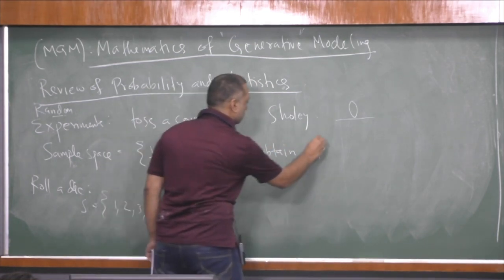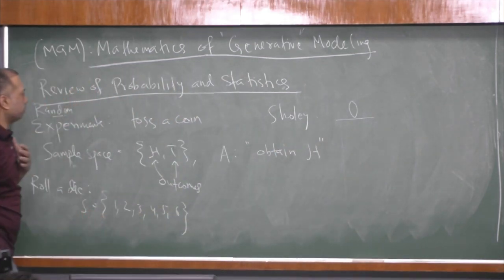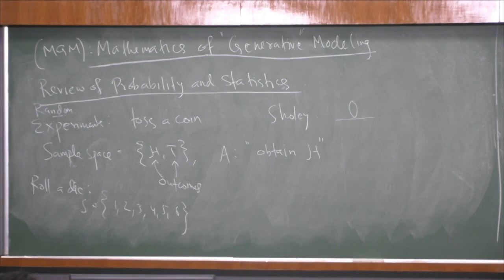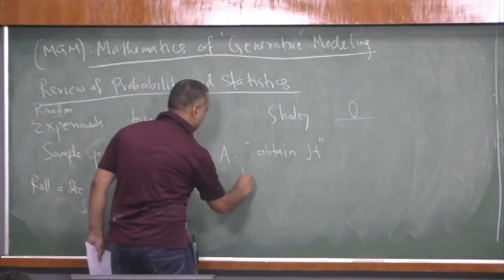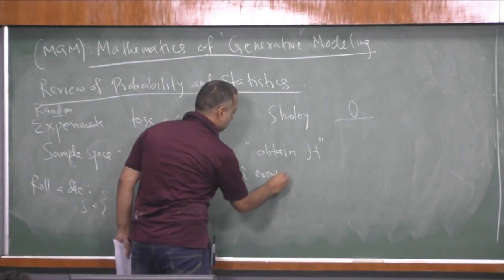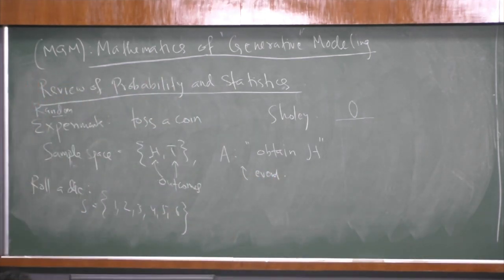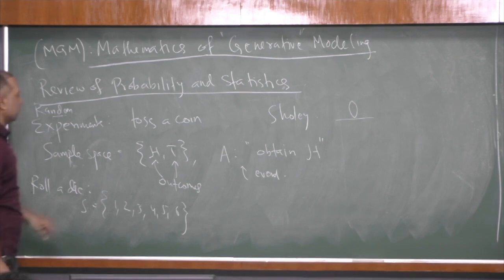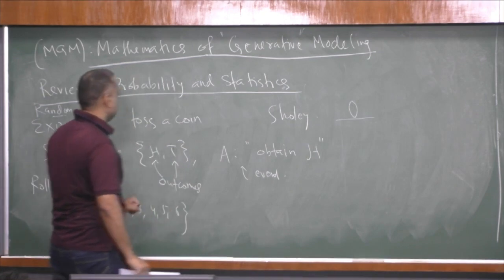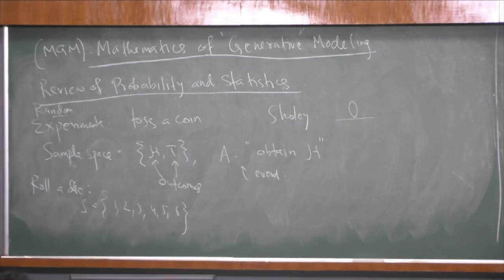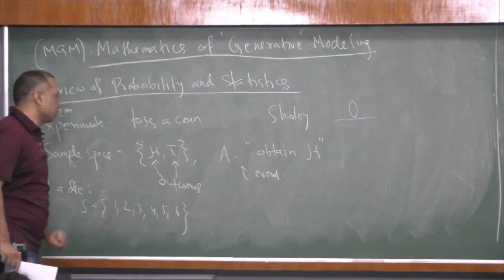When I toss a coin, I'm saying I want a head. This will be called an event. This is my favorable event, something I'm expecting, and then I ask what is the probability of obtaining a head if I toss a coin.